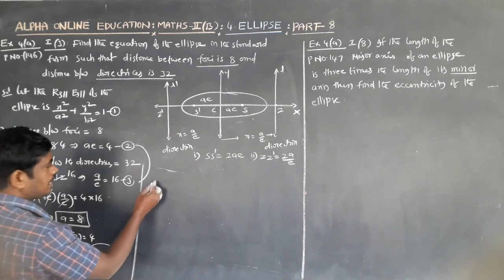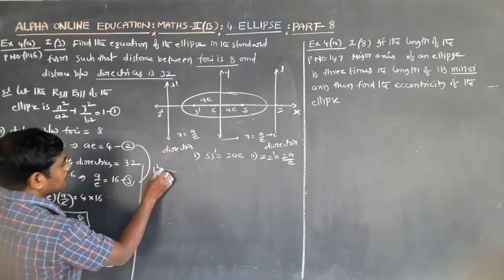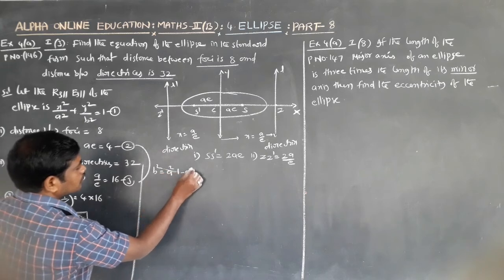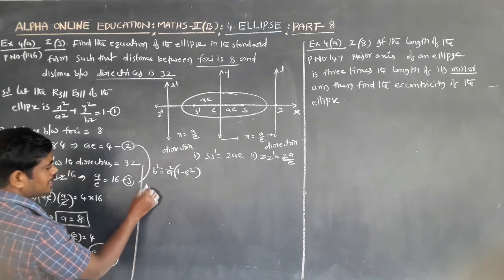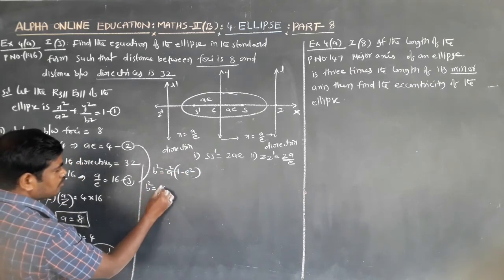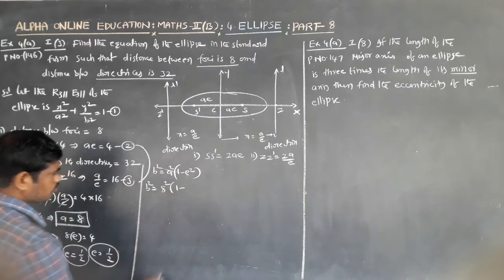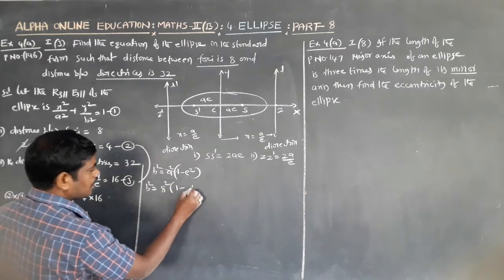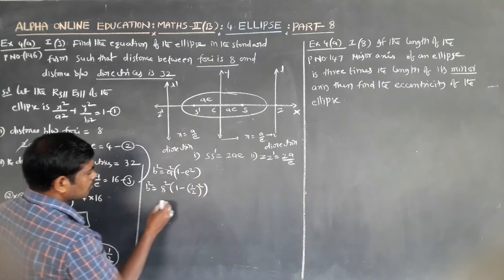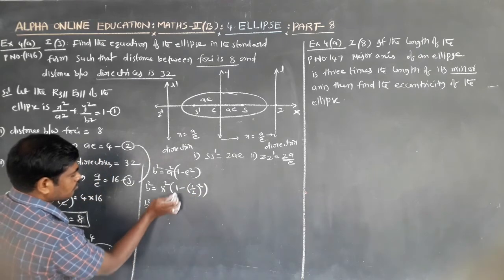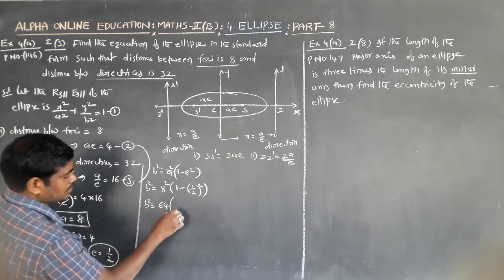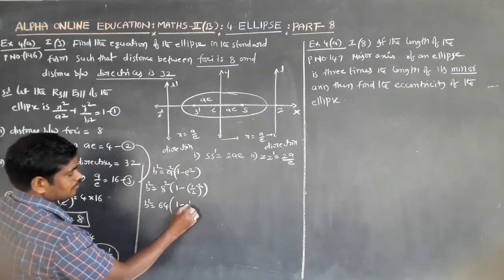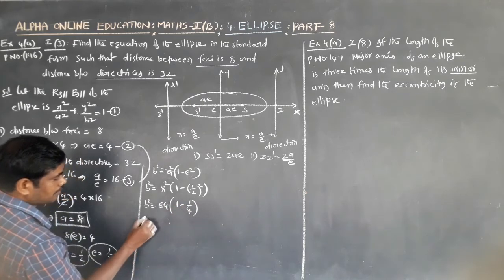So find the value of B square. B square is equal to A square into 1 minus E square. A square means 64, 1 minus E square means 1 minus 1 by 2 whole square, which is 1 by 4.